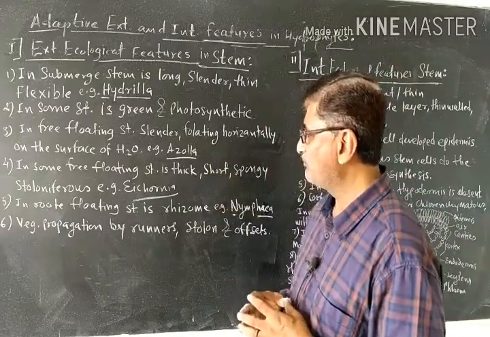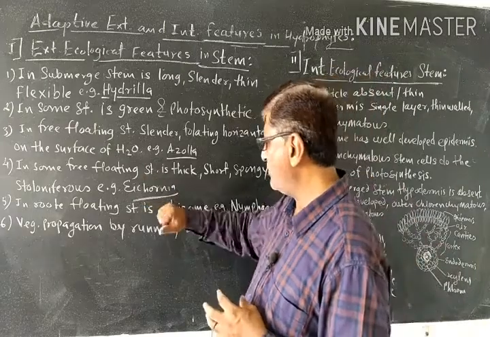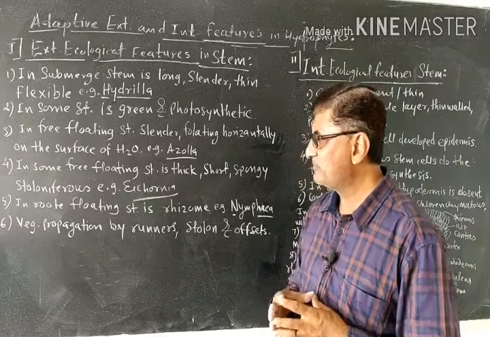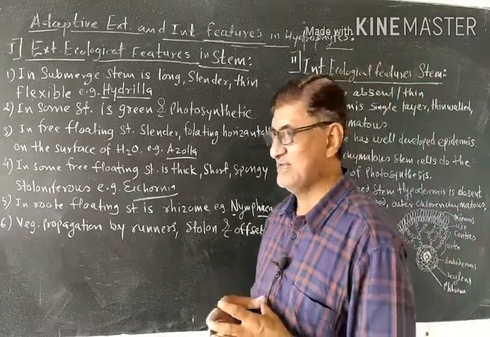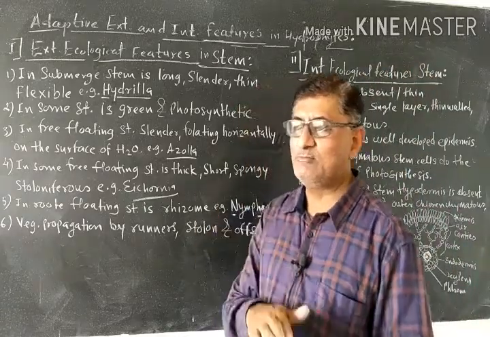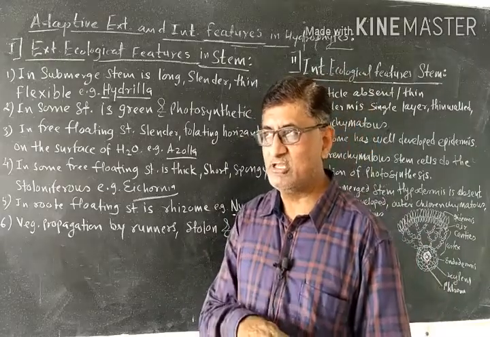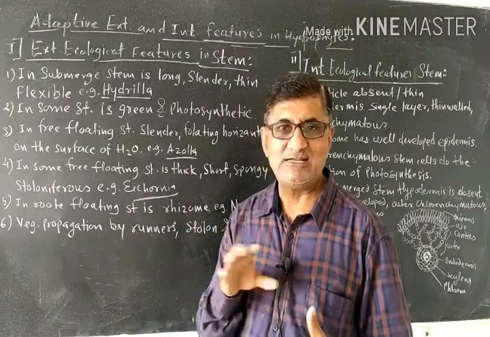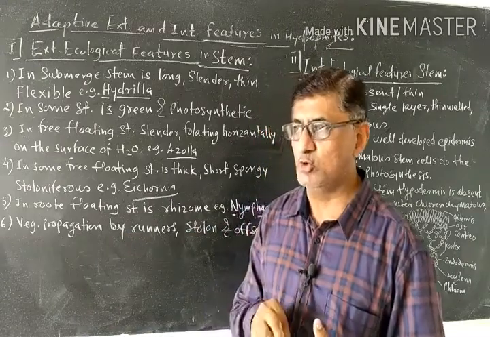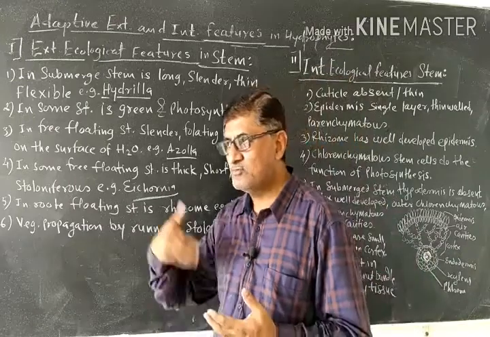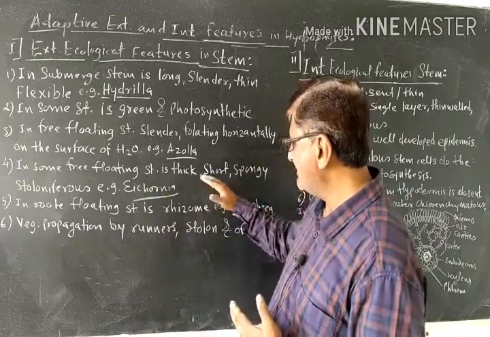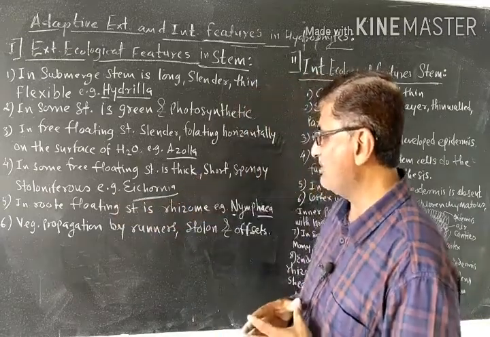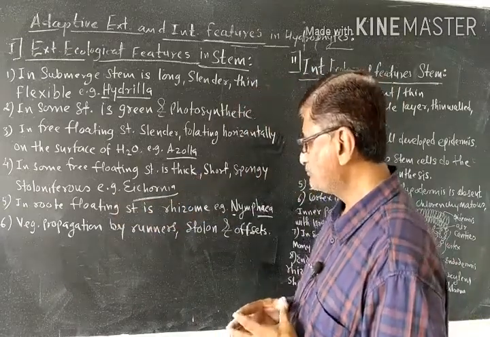In some free floating hydrophytes, the stem is very thick, short, spongy and stoloniferous, meaning the stem is reduced and somewhat thick, and it gives out a horizontal, slender structure called a stolon, and that stolon from the node again gives out a new plant. For example, in the case of Eichhornia, you will see such a modification.